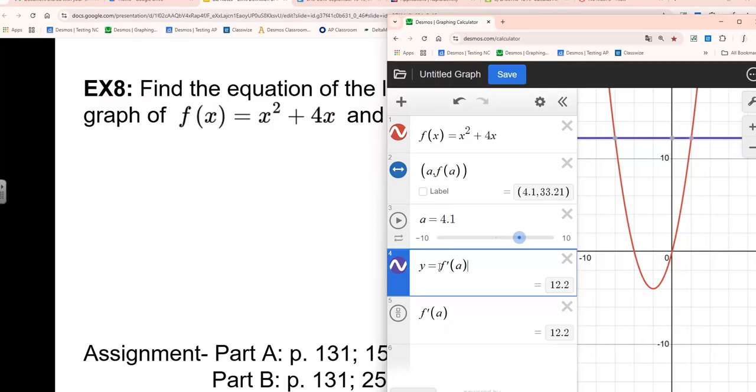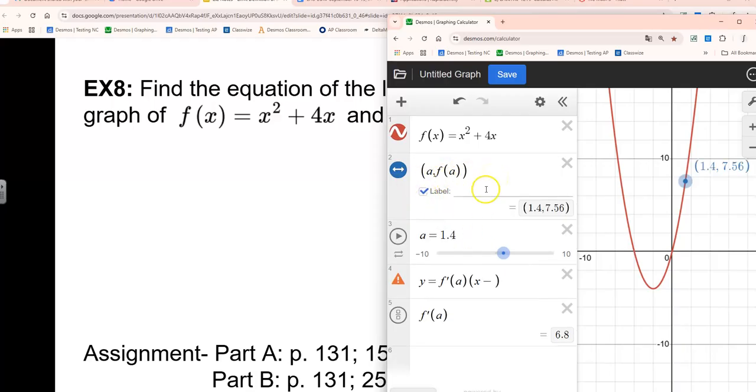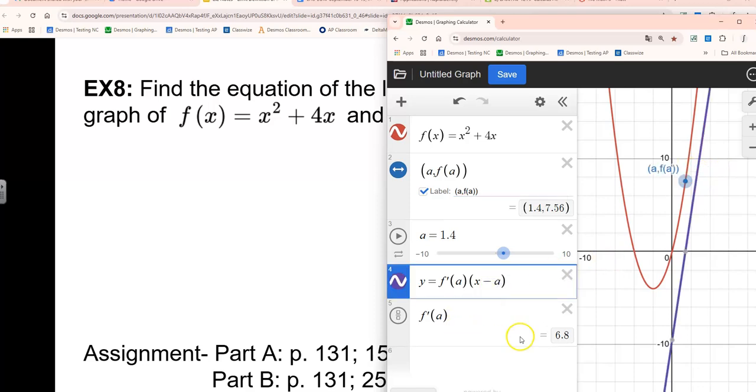There's my slope. And now I've got to do x minus, what's the x coordinate of my point? If my point is a, f of a, let's label that. What's the x coordinate of that point? It's a. So in my equation, I'm going to put a right here.